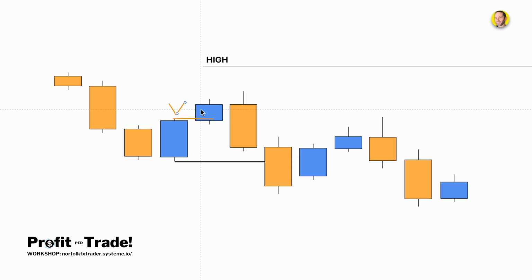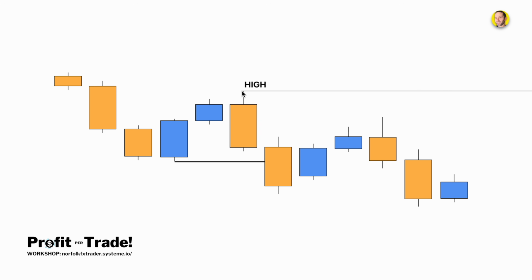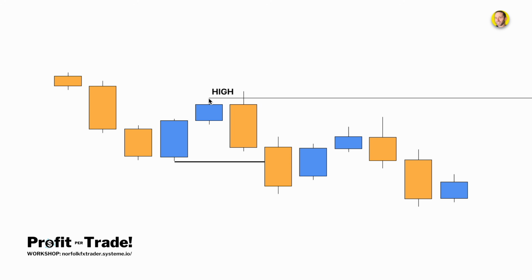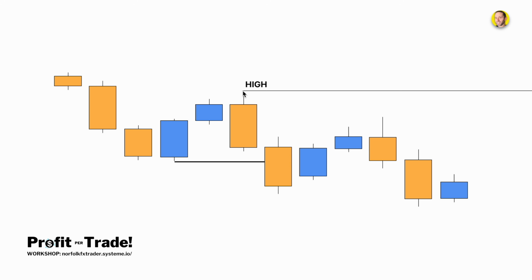Once we have that identified, this gives us validation for a high in a downwards market. And what we'd mark off is this high because it's created the highest point. So this closing above is your validation once you've seen the break to the downside, and you mark off the highest point. We're not going to mark it off at this candle, we mark it off at this candle here.